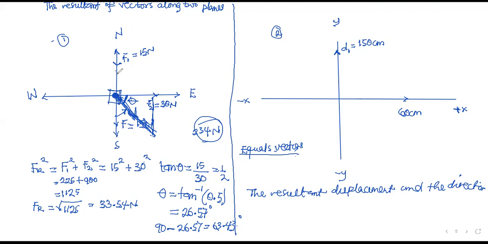Okay, east of south. Now, if I want to follow bearings, for bearings, angular measurement is taken from the north. So all angles must be measured from the north. This will be the angle for bearings.